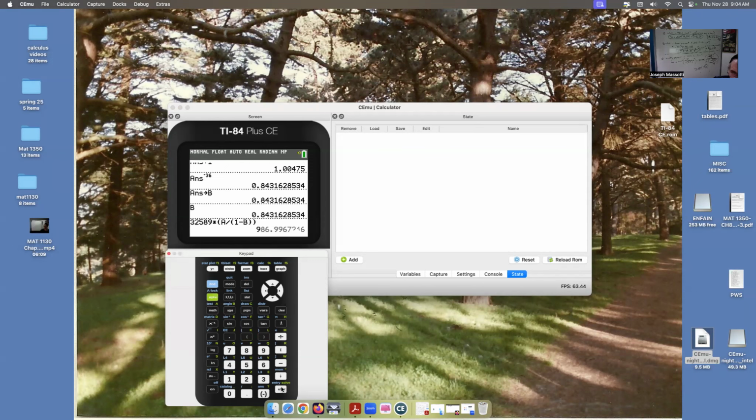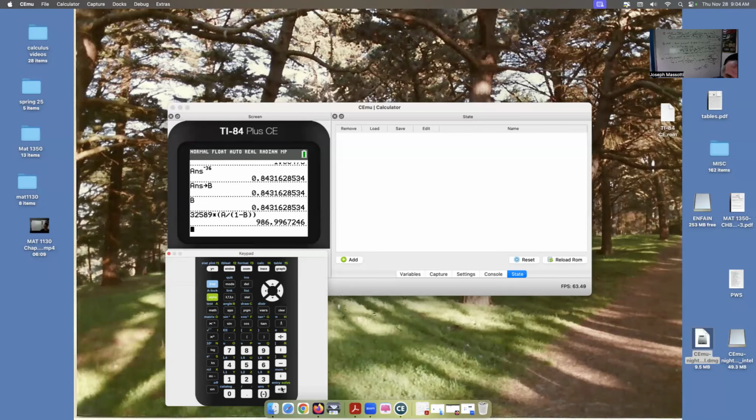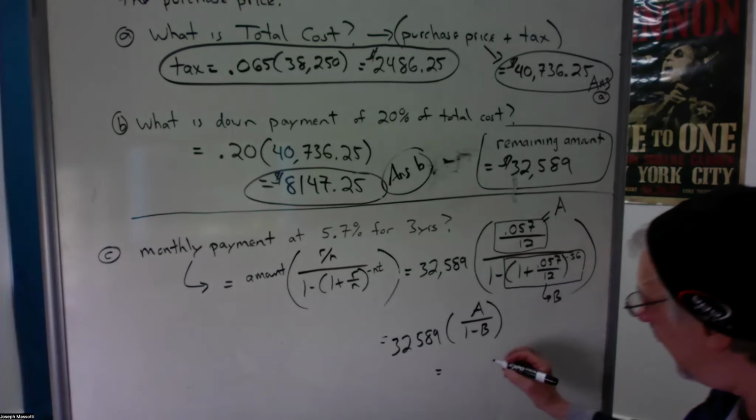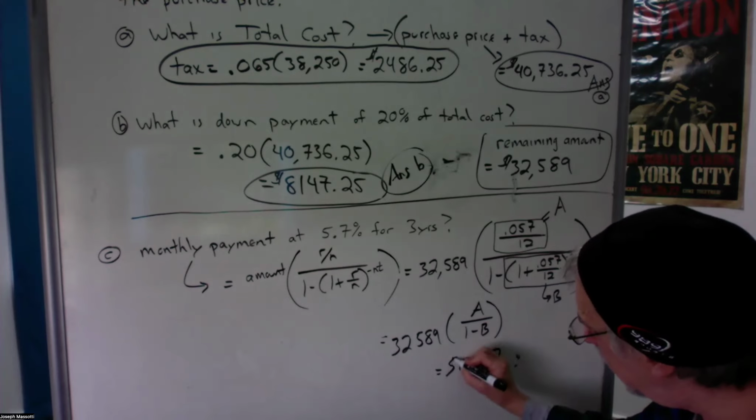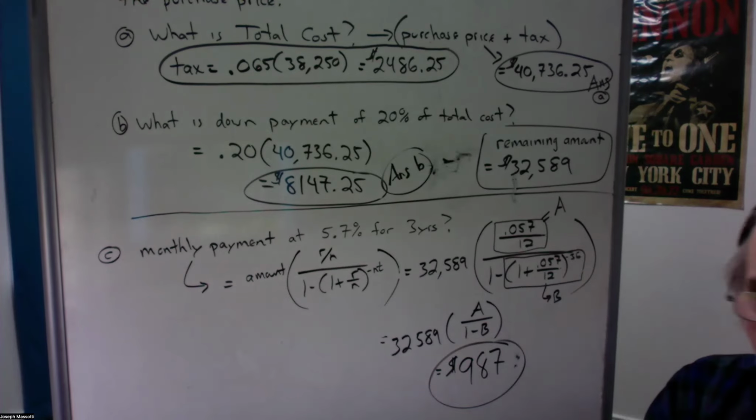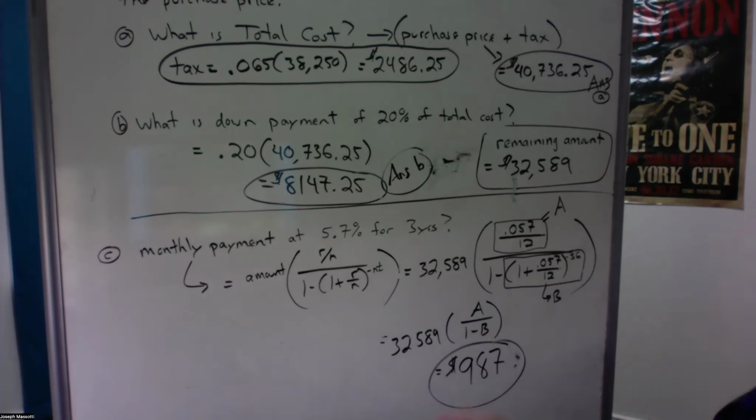And this is going to be my monthly payment. 986, let's call it 987. $987 is going to be the monthly payment.